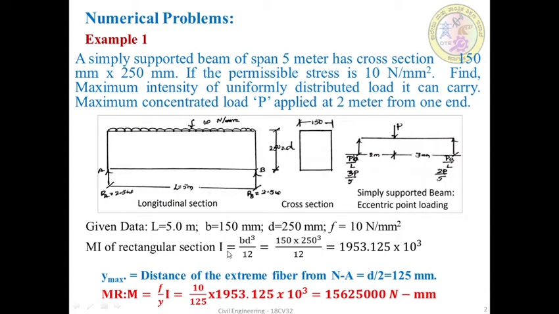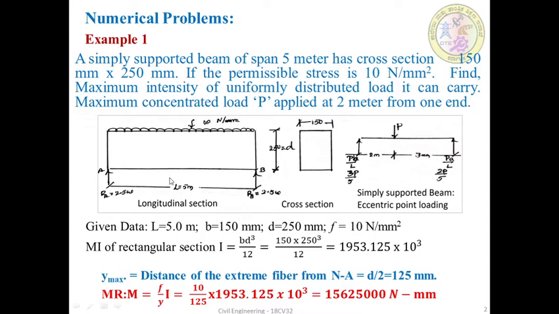As you know from the engineering mechanics topic, the moment of inertia of a rectangular section about the neutral axis is given by I = bd cubed by 12. After substituting the values for b and d, we get the moment of inertia as 1953.125 into 10 to the power of 3. I have not written the units; it is millimeter to the power 4.